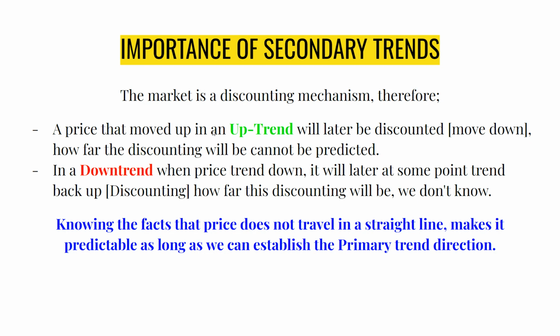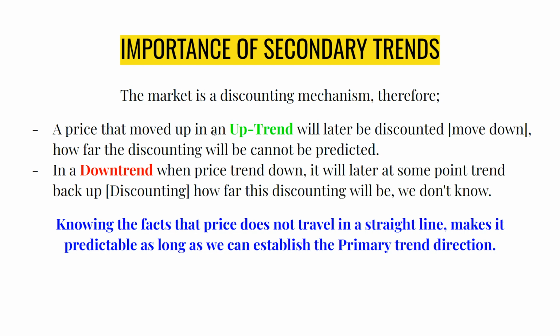Therefore, you start to see the price coming down. How far this price will come down, we don't know. That's why we use different tools like Fibonacci to give us a high probability area of price pullback or consolidation.